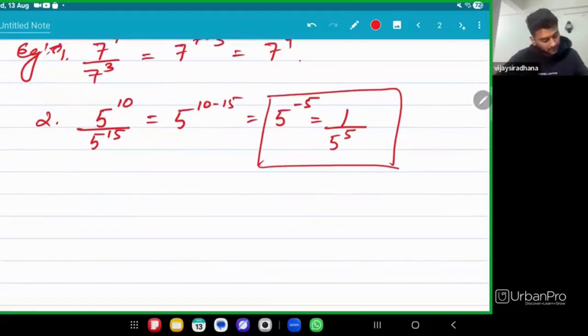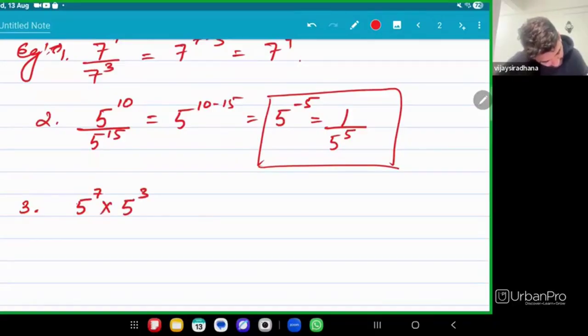The third example would be 5 to the power of 7 into 5 to the power of 3 divided by 5 to the power of 5. How can you solve this?